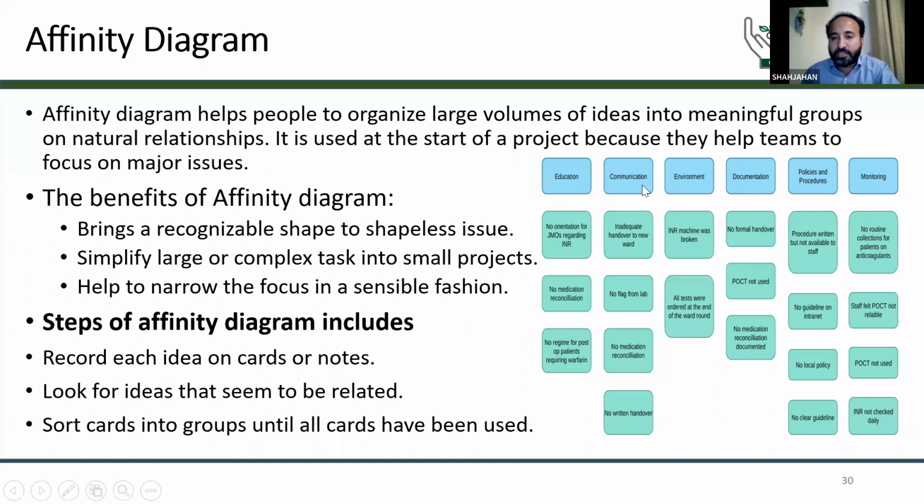Then under communication: no flag from lab, no medication reconciliation, no written handover. Then under environment: the INR machine was broken. Then the documentation problem, the policies problem, the monitoring problem. So the ideas we get from brainstorming, we now divide into each category so that we can easily understand what the issues are.